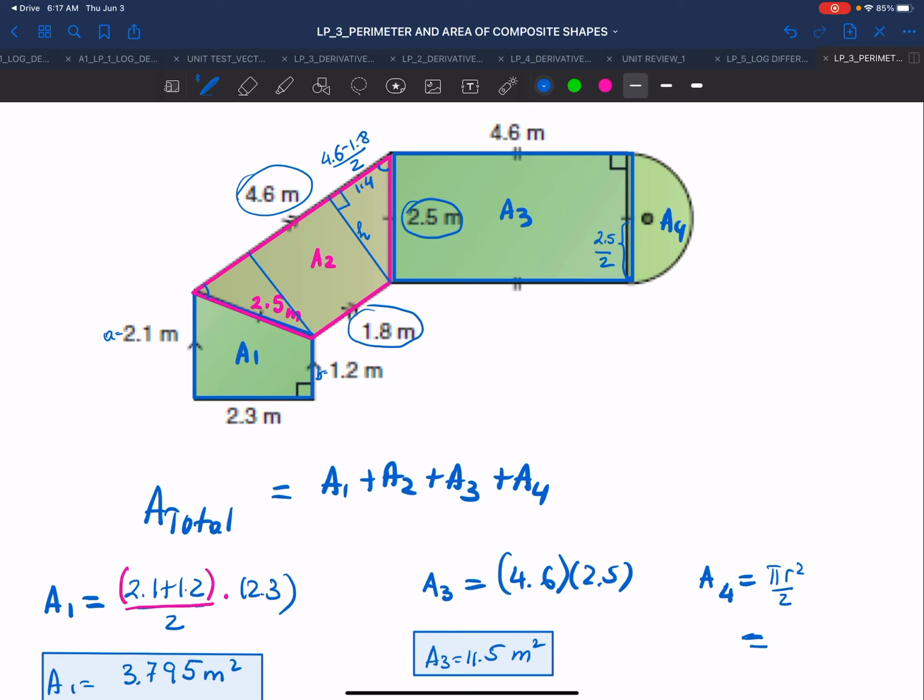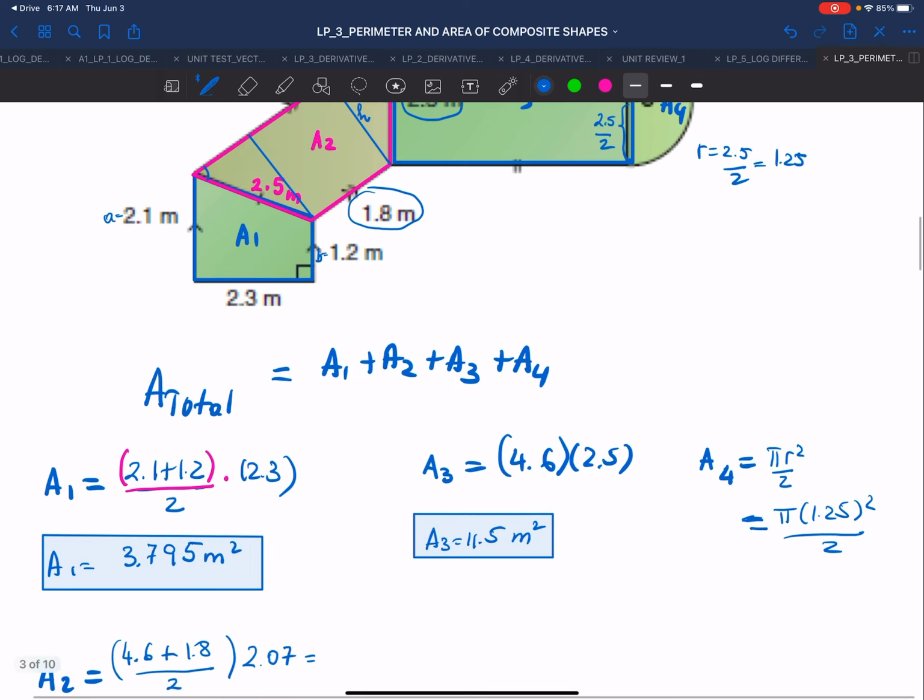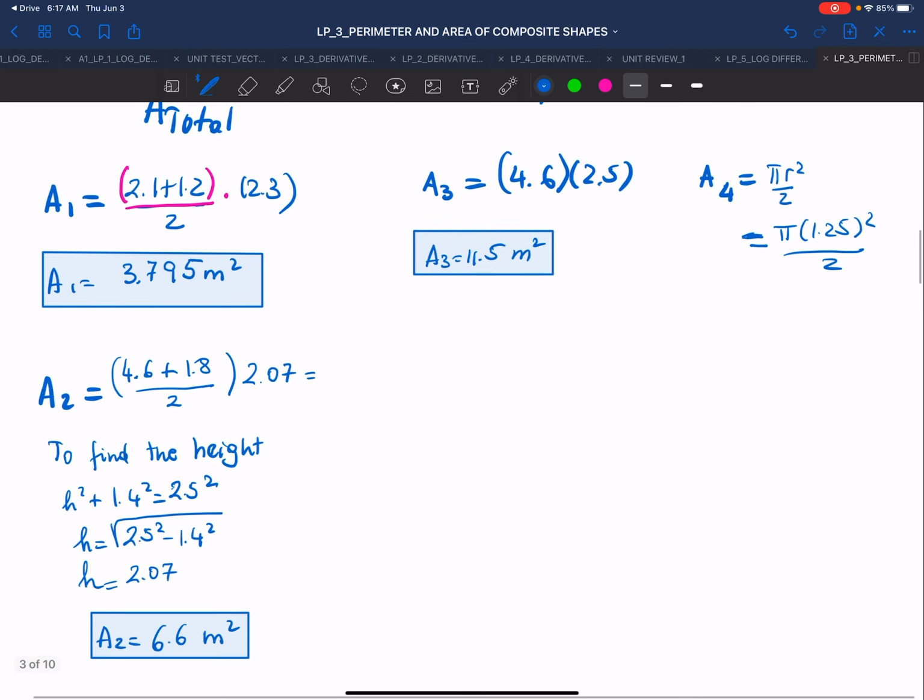And 2.5 divided by 2 is 1.25. So we have pi times 1.25 squared divided by 2. So pi times 1.25 squared divided by 2, I got 2.45. And that would be A4, everyone.